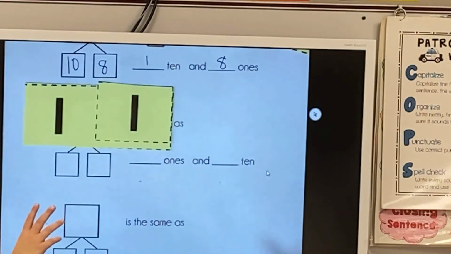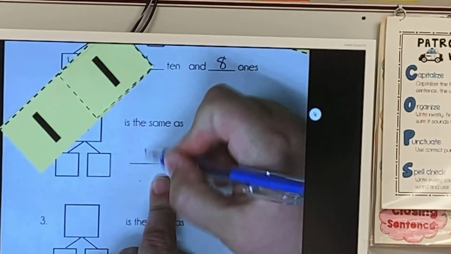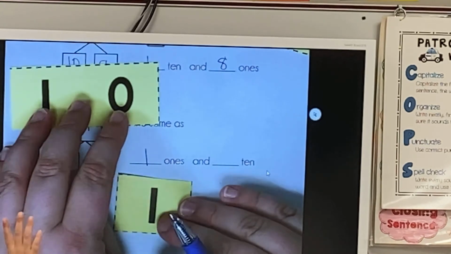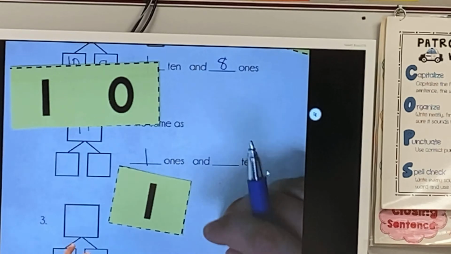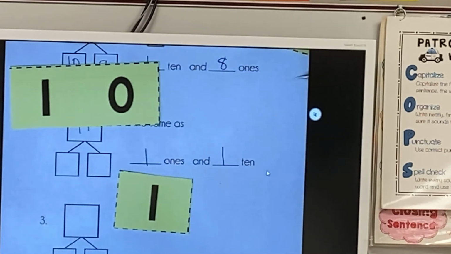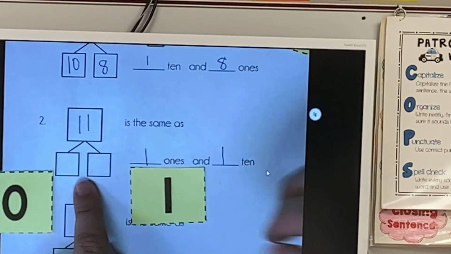How many 1s are in 11, Xavier? 1. That's my 1 right there. 1, 1. How many 10s are in 11? Santiago. 1. There's 1 ten. Okay, now let's fill out the number bond over here for 11.